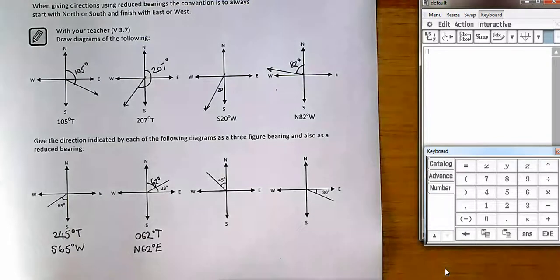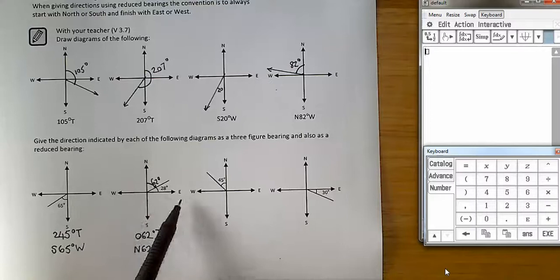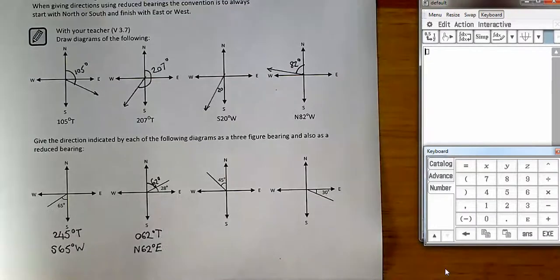Now some people say that it's okay to say, well, this could be starting from east, rotate 28 degrees towards the north. Now that is okay, they've made no mistakes there, but it's a bit unconventional. The convention in maths is either to start with north or south and then finish in either east or west.